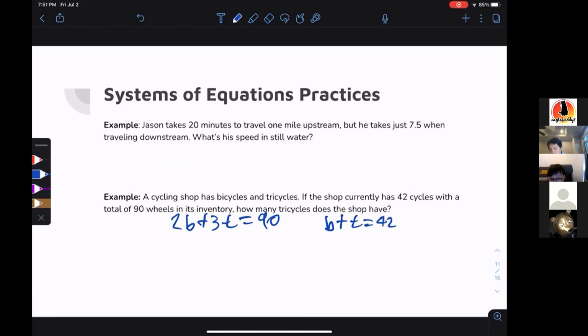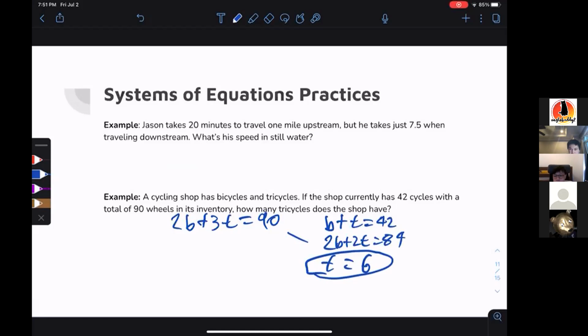Multiplying this equation by 2, you get 2b plus 2t equals 84, so t equals 6. So the number of tricycles is 6. Yeah, that's right. You can solve this using substitution as well, but elimination works just as good.